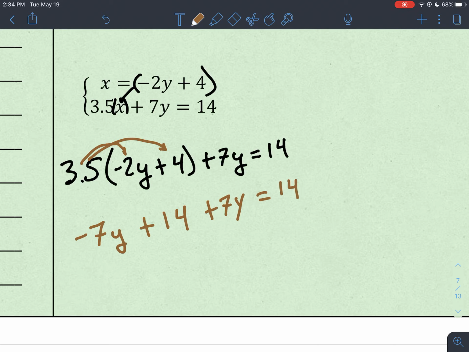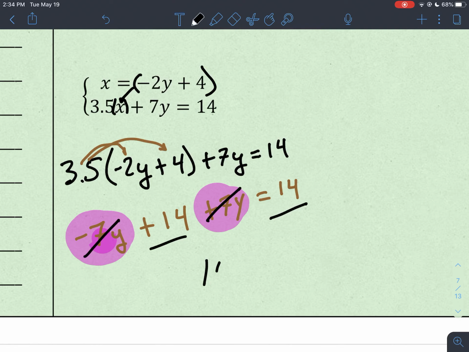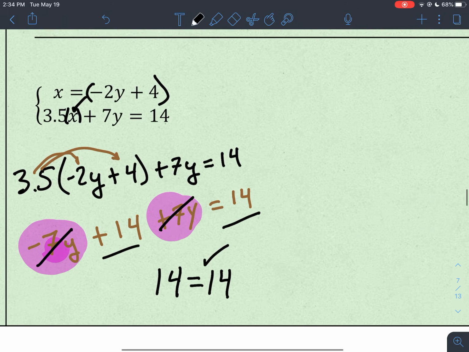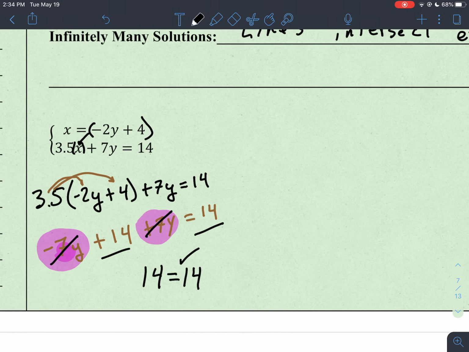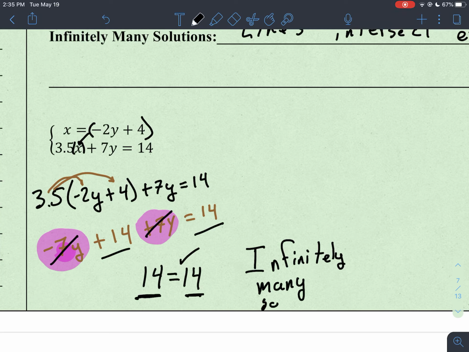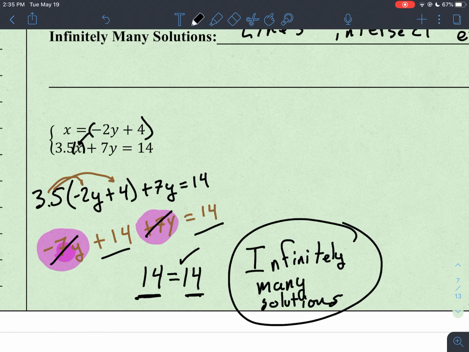Now when you're looking at this, I recognize that I have a negative 7y and a positive 7y. Those are going to cancel each other out, leaving me with just 14 equals 14. Well, does 14 always equal 14? Yes. Basically everything canceled each other out and we're left with a true statement that's always going to be true. So this is going to be infinitely many solutions, because when we went back and checked our work, we did everything correct.